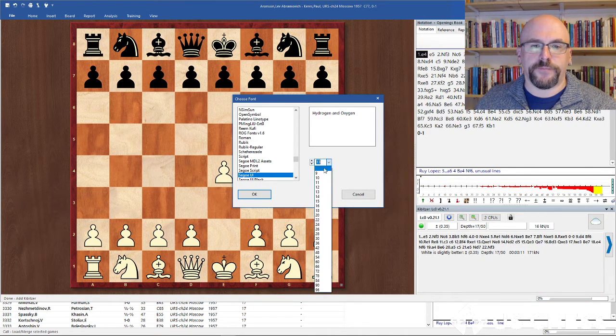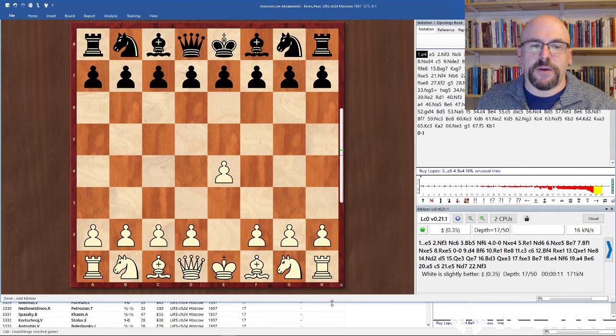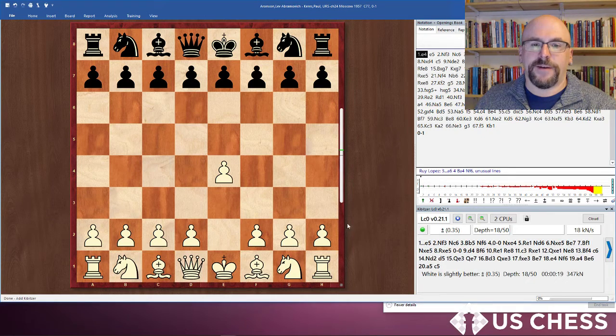There we go. We can see pretty quickly that it's rolling out approximately 19,000 game continuations per second. And it's giving you an evaluation of 0.35 allegedly centipawns.